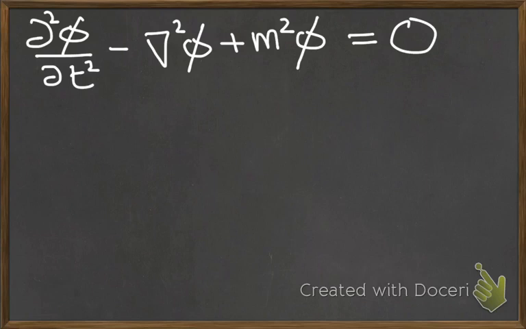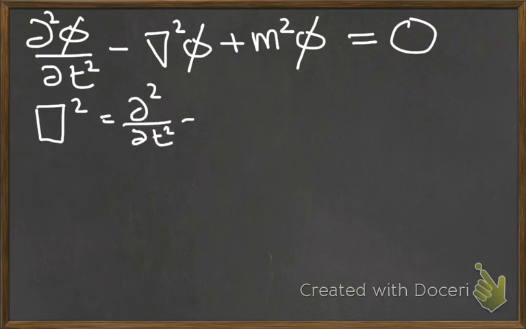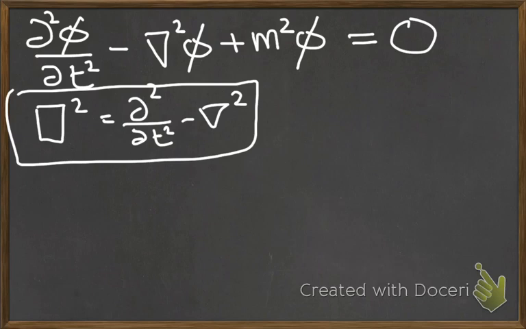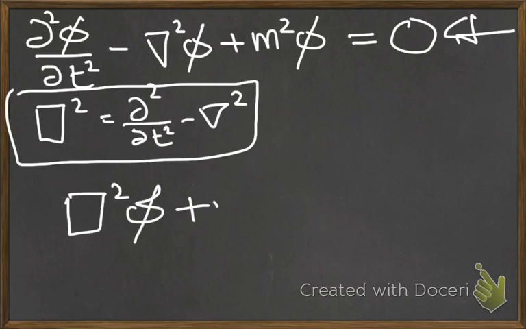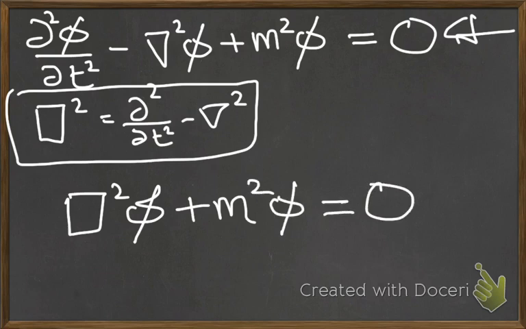Alright, now if you remember how we defined our D'Alembert operator, it was D'Alembert is equal to partial squared over partial t squared minus gradient squared. So if you remember this, you can write this equation over here as follows: the D'Alembertian of phi plus m squared phi is equal to 0.